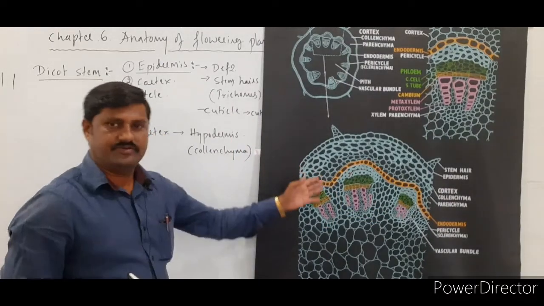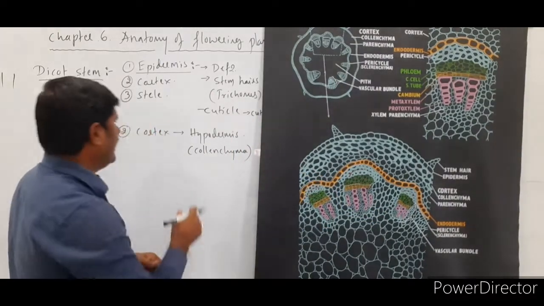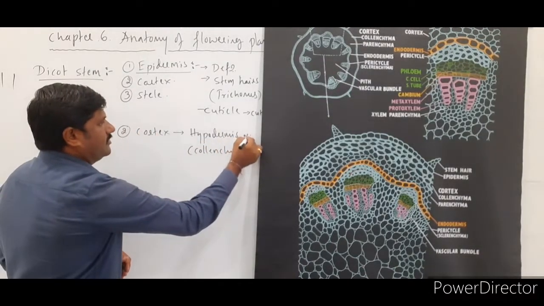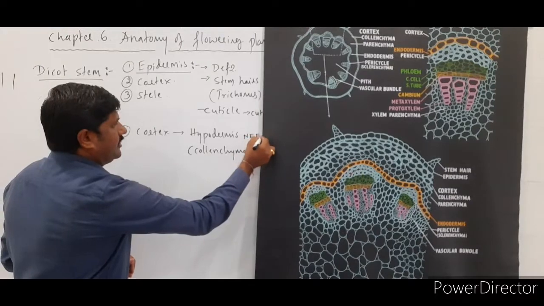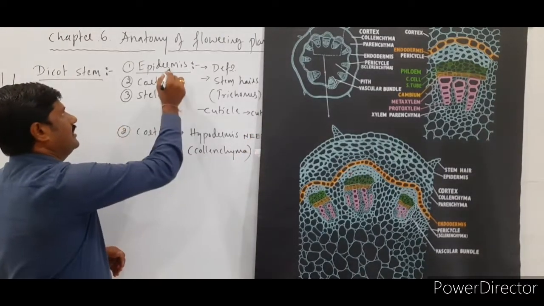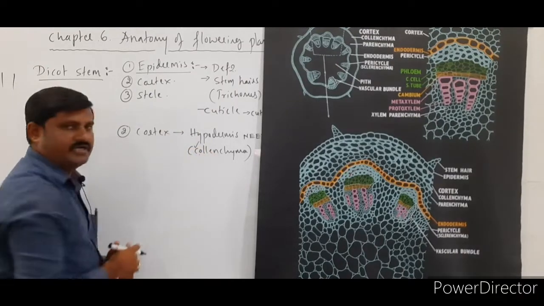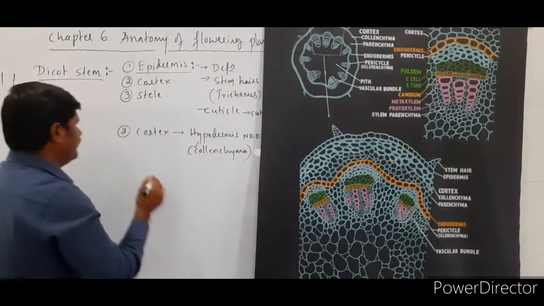Rigidity to the stem. Here, the point to be noted is that the hypodermis in the case of the dicot stem is made up of collenchyma tissue. Very important point.